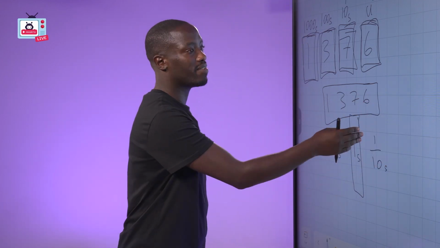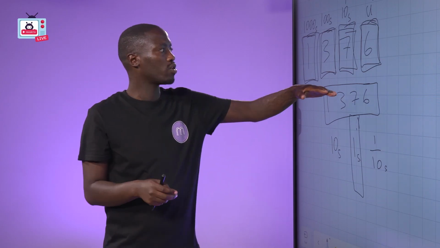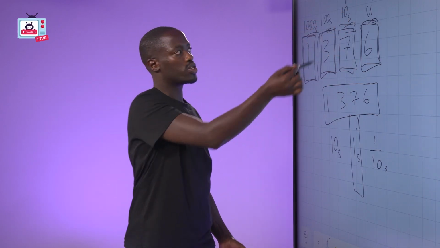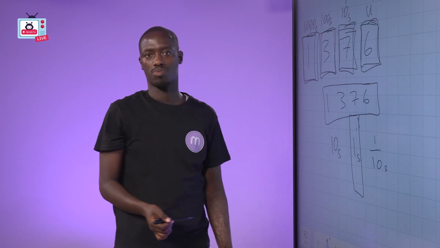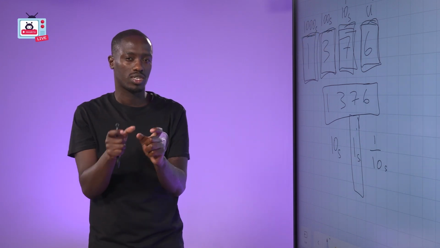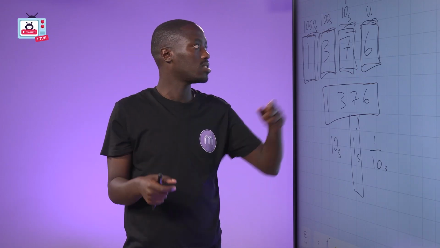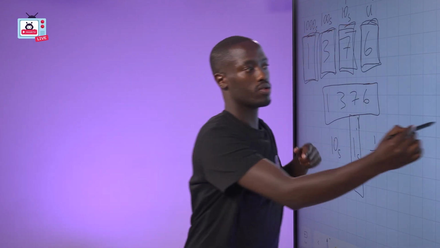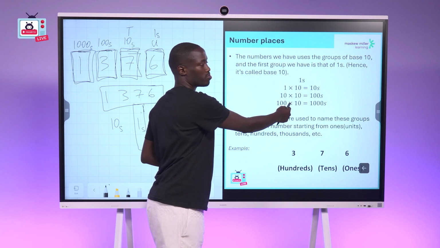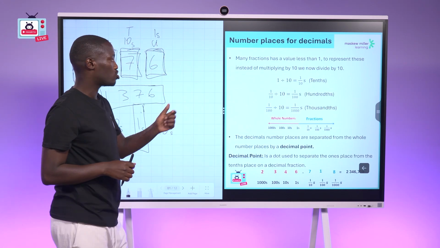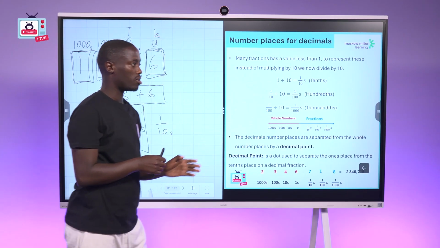And then we divide. Remember, when we were looking for these places, we said 1 times 10, and then we got the tens place. We said 10 times 10, we got the hundreds place. Now for the decimals, which are numbers that are smaller than 1, we divide. Instead of multiplying by 10, now we will be dividing by 10 to get the decimal places.